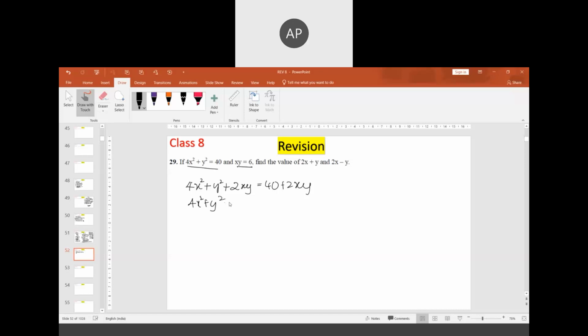At the most it becomes 12 equal to 40 plus 12. Again, it's the same equation. If you transpose it, it is the same equation. I'm not convinced with that.